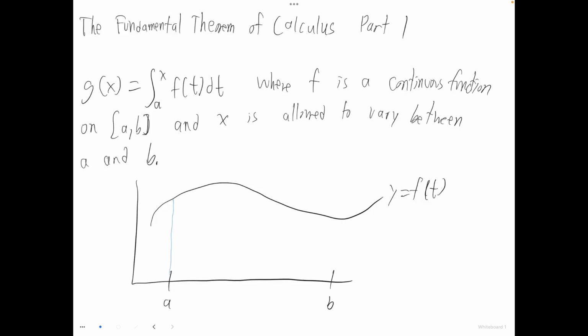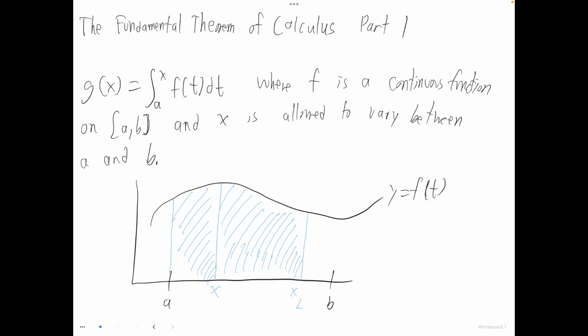And so we start at a and we pick some value x, and then g of x is going to give us the area from a to x underneath the curve. And if we picked some new x, so say some x2 here, it's just going to give us more area. So it's giving us the area under the curve f of t from a up to x, and we let x go anywhere from a up to b in value.